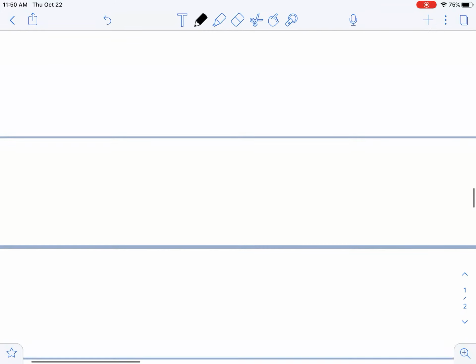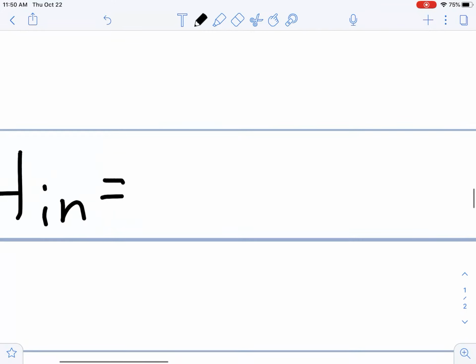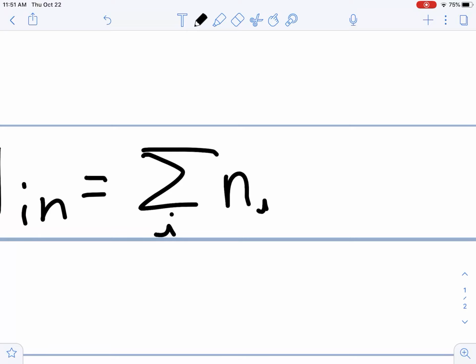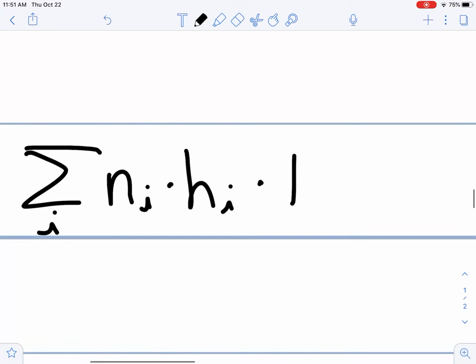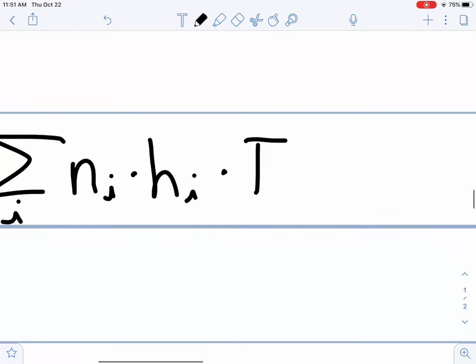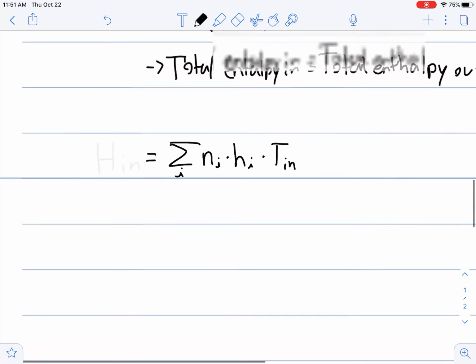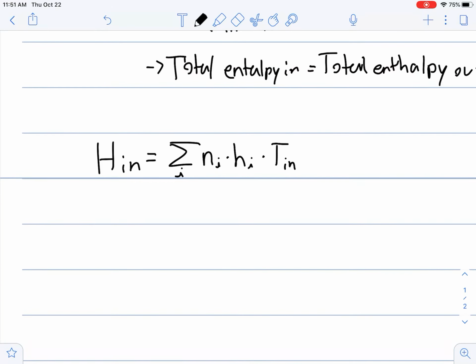So we can say something like H in, our total enthalpy in, is going to equal a sum. Say I being all of our components, oxygen, nitrogen, carbon dioxide, methane, and water, the number of moles of each times the enthalpies of each, Hi, times the temperature, because we depend on temperature, and this temperature being temperature in, just like that.